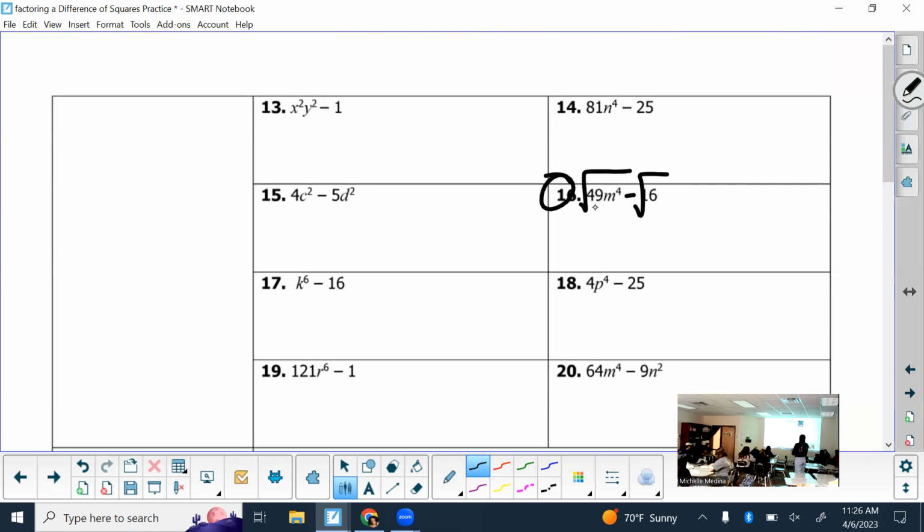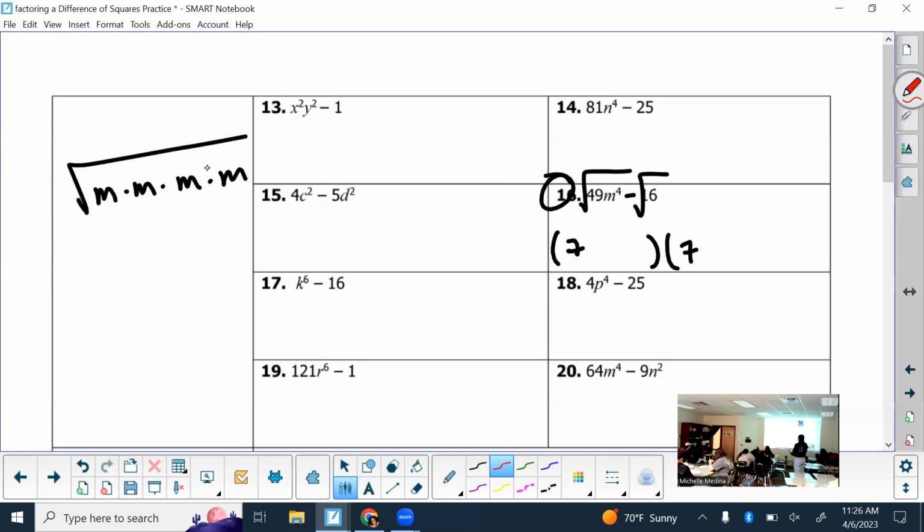So let's start with the 49. What's the square root of 49? Don't tell me, Zarel, what's the square root of 49? Okay, good. And then the m to the 4th, so that's m times m times m times m. If I take the square root of that, I'm really looking for pairs.